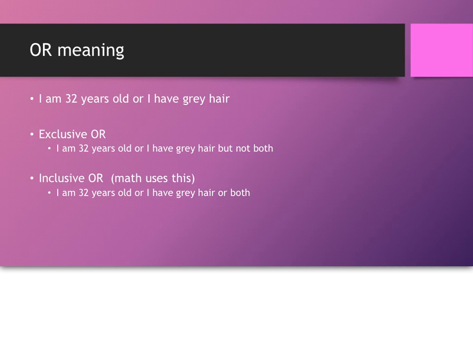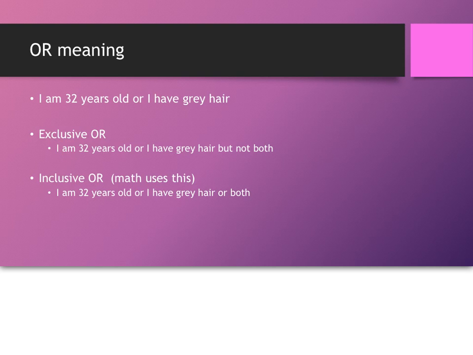Now let's take a simple statement with a connective, a compound statement. If I say I am 32 years old, or I have gray hair. Now the exclusive or would say you're either 32 or have gray hair, but you can't be both. That's what the exclusive or is.